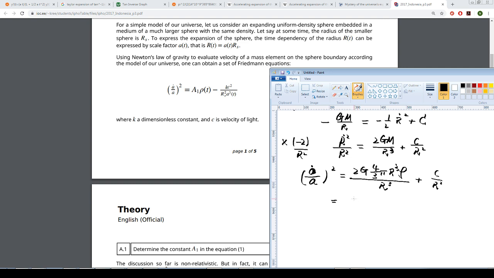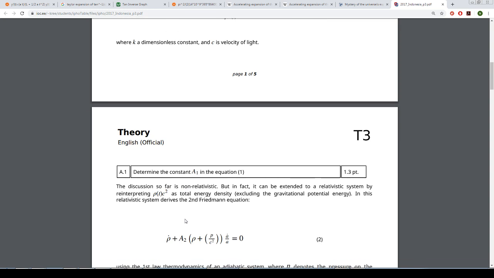So we see that becomes 8 over 3 G pi rho minus some kc squared over r_s squared a squared. So a1 is 8 over 3 G times pi.